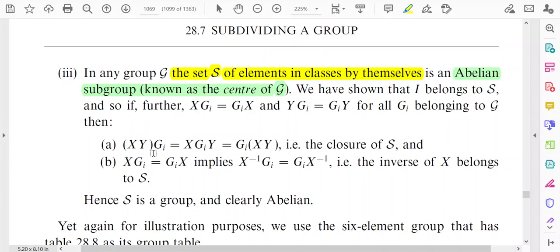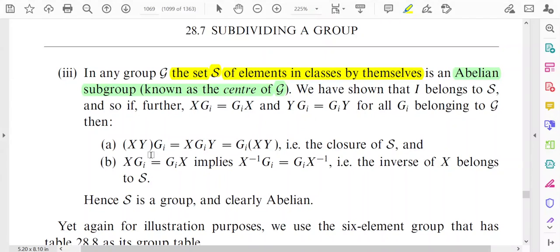Now what is xy? xy is a product of the two elements x and y. So that particular element will also be in the group G or the set S. So xy is an element that is contained in the set S. That actually proves the closure property for the set S, because it is also one type of commutation relation as described here.